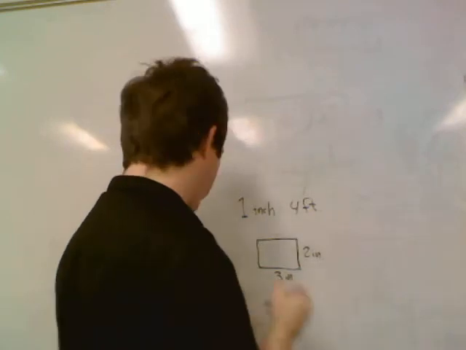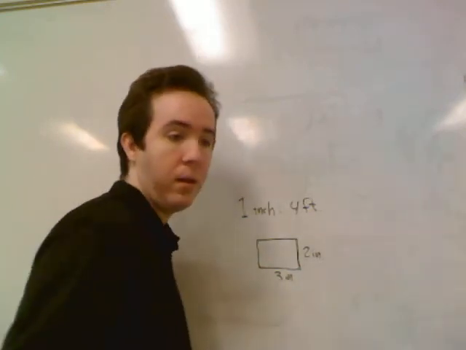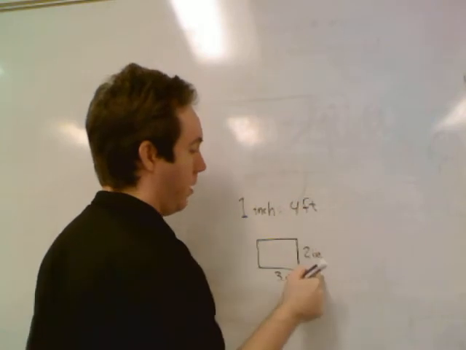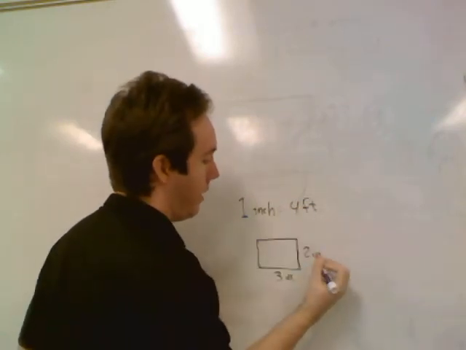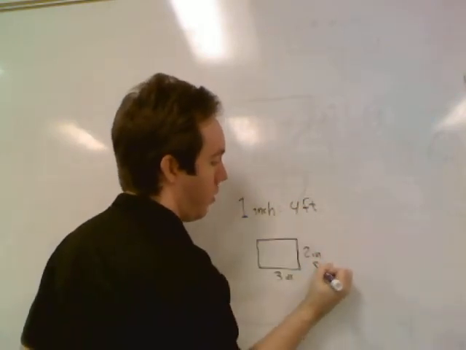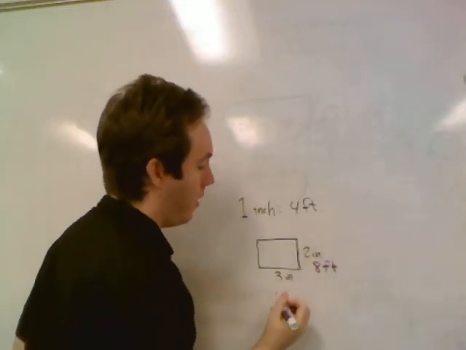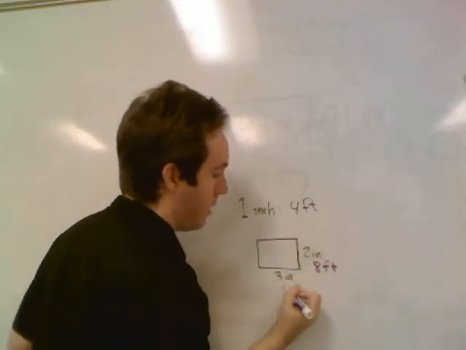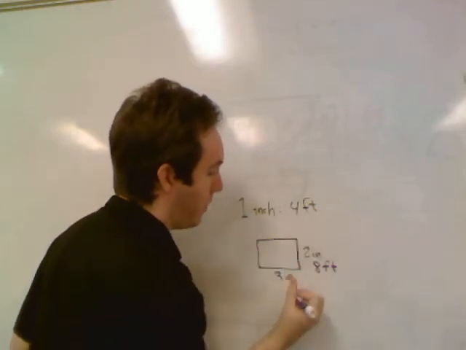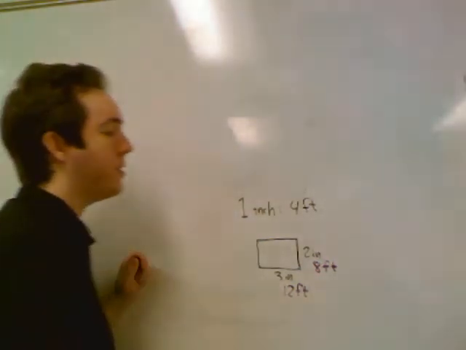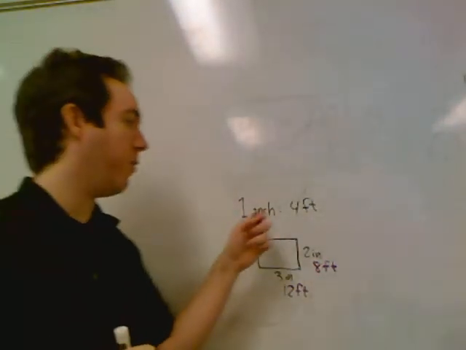That's also going to represent, well, if every inch is 4 feet, 2 inches will be 8 feet, because that's 2 times 4. And 3 inches will be 12 feet, right? Now, this is nice and simple because we have just the 1 and the 4, okay?